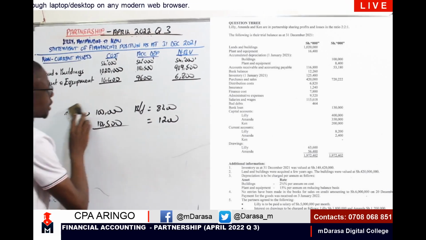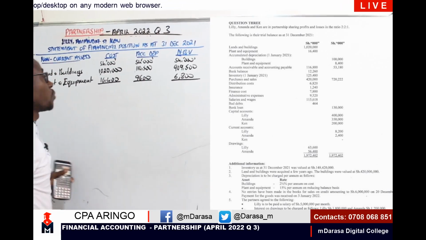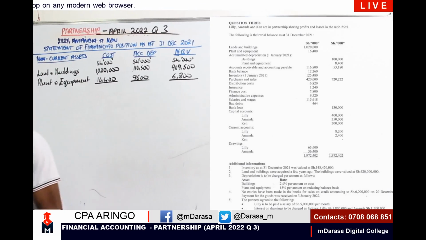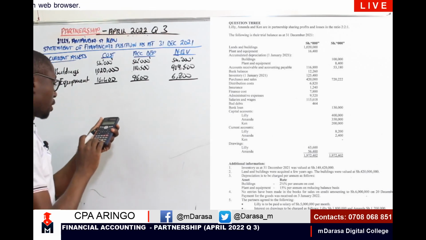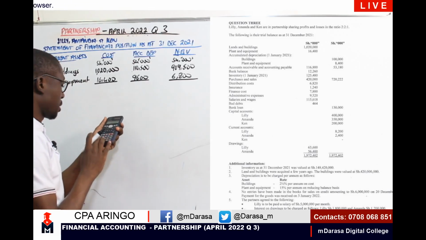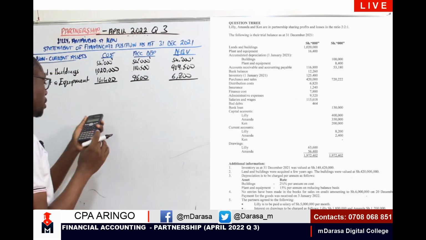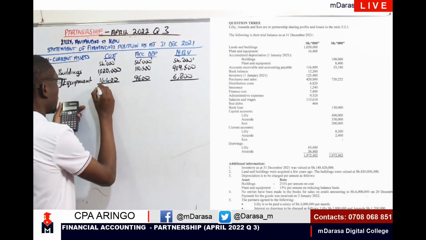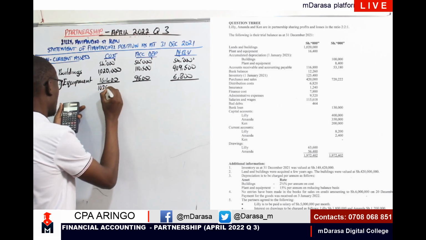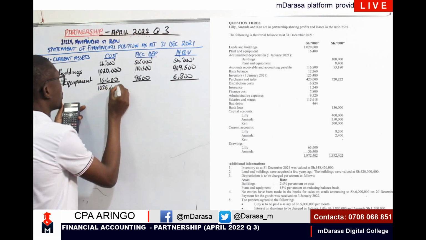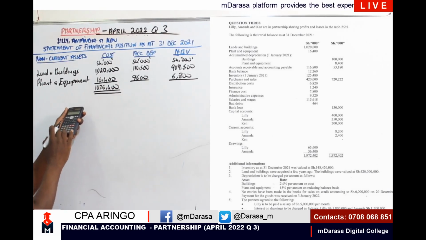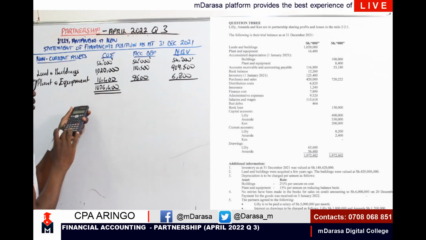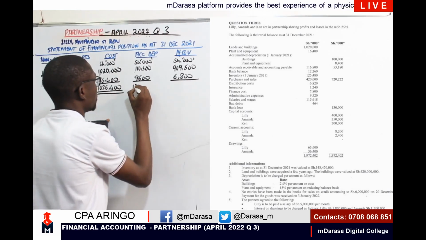Having that case, we need to come up with a total. So this is what we should be having. I'm having a figure of 1020,000 plus 16,400 to close this: 1036,400. Close it completely. 110,500 plus 9,600 is 120,100.